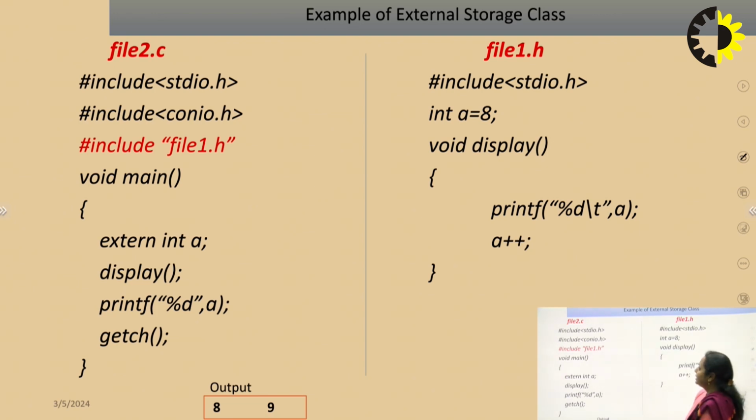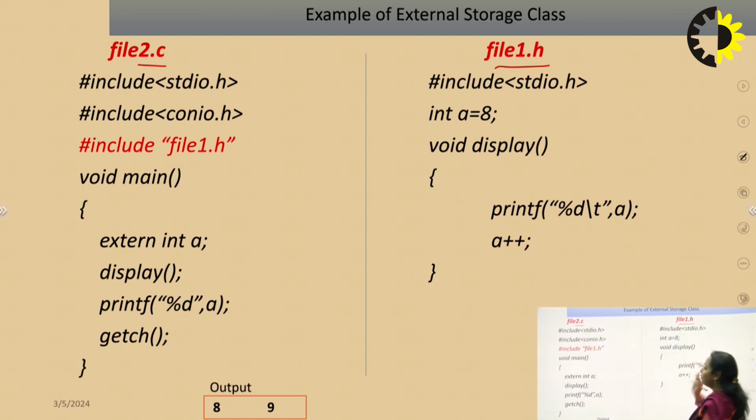For example, we are writing a program file2.c, and within this we are including a header file file1.h which is created by the user. On the right side of the screen I have taken file1.h and on the left side file2.c. So file1.h is the header file created by the user and included within file2.c.